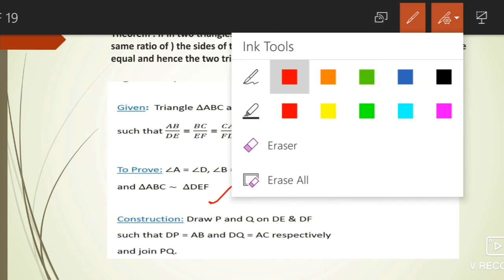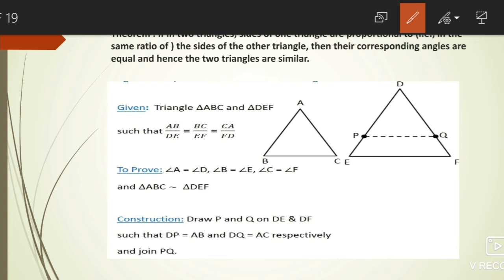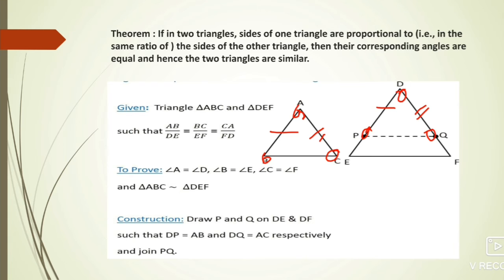Now again the construction is the same. You have to take this AB measurement and this AC measurement and cut them from lines DE and DF. It will be DP and DQ. That means AB is equal to DP, AC is equal to DQ, same as the previous theorem. Okay. Next slide.